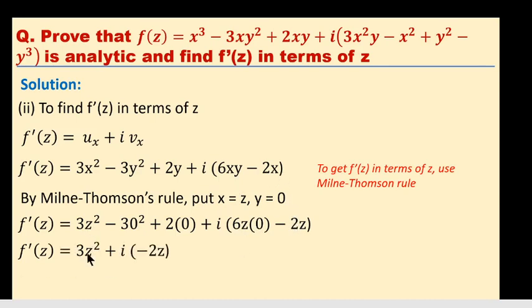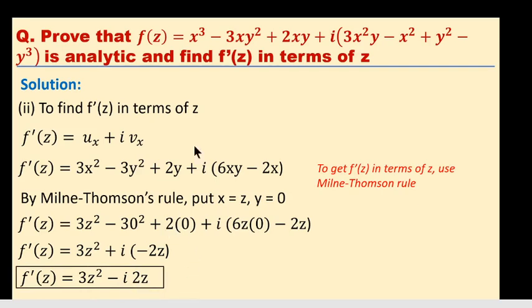So we get 3z square, 0 square is 0 into 3, this will become 0, this term becomes 0, plus i into this term becomes 0, so here we will have only minus 2z remaining. This on further simplifying gives us therefore f dash z equal to 3z square minus i into 2z. So this is our f dash z in terms of z.